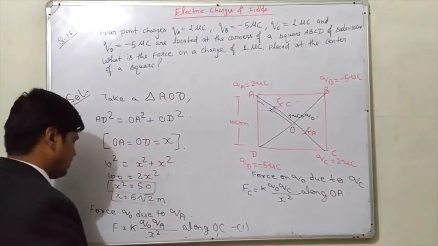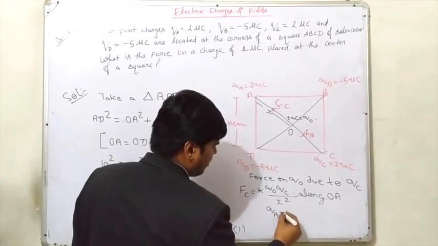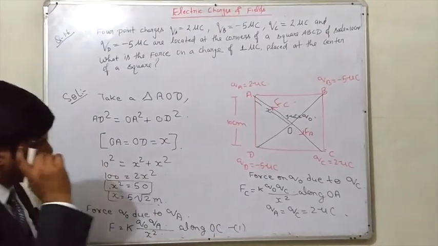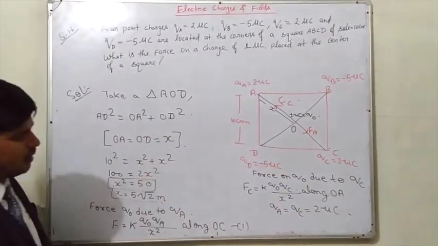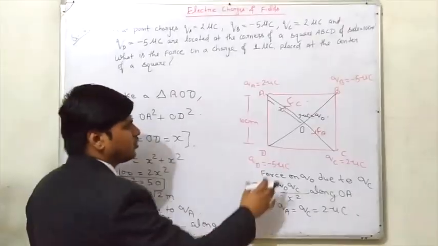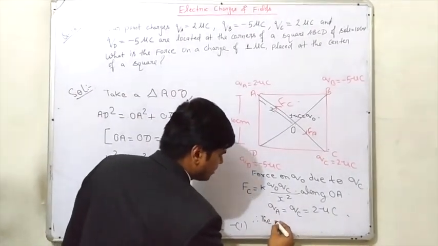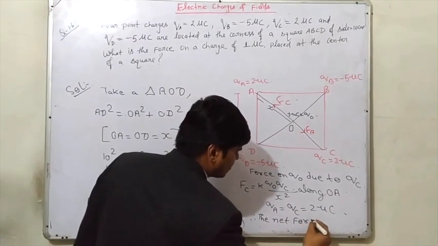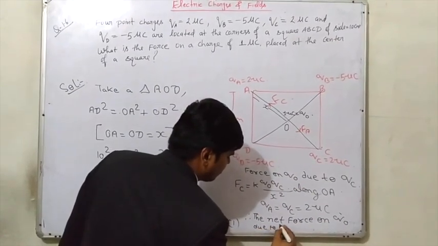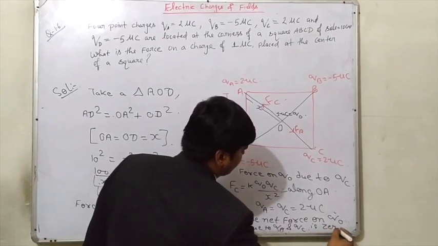You know the values of QA and QC are equal, QA equal to QC equal to 2 microcoulomb. So both the forces are equal, and you see, both the forces are equal and opposite. So net force on Q naught is 0. Therefore we can say that the net force on Q naught due to QA and QC is 0.